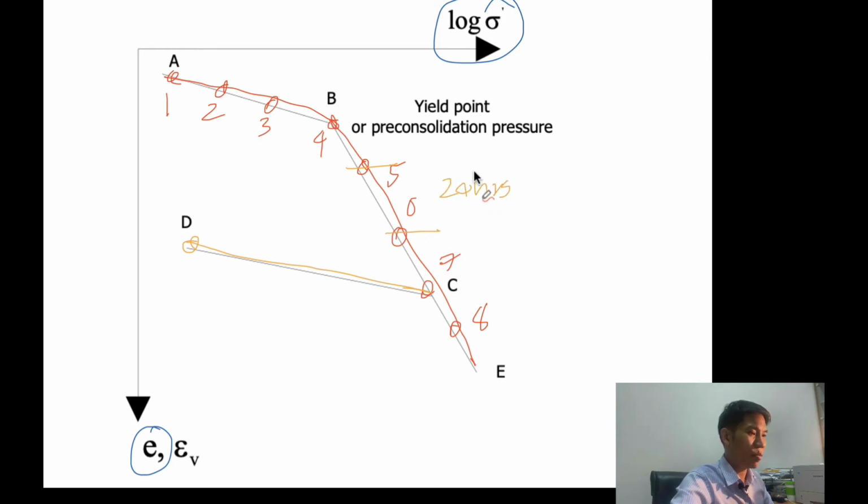We have to wait about 24 hours for each loading. That means in this test, if I use loading steps of about 24 hours, you have to test it maybe more than 1 week.